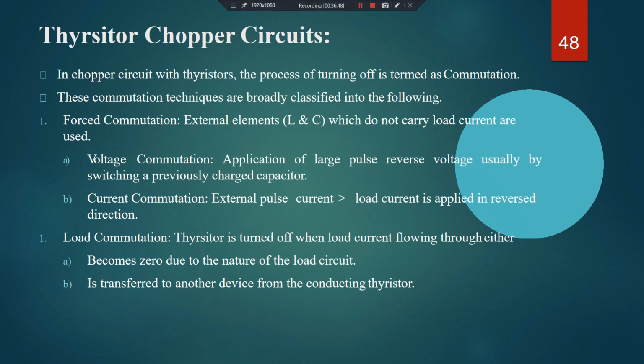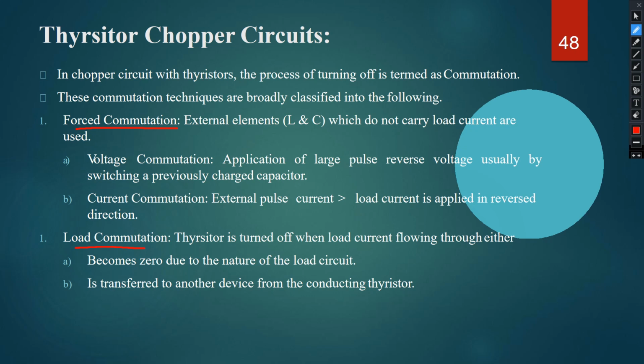Again, what are the different methods of commutation? There are two types of commutation over here. One is the forced commutation, which we have studied in the commutation techniques, and another is the load commutation. These types of commutation techniques are employed in the chopper.